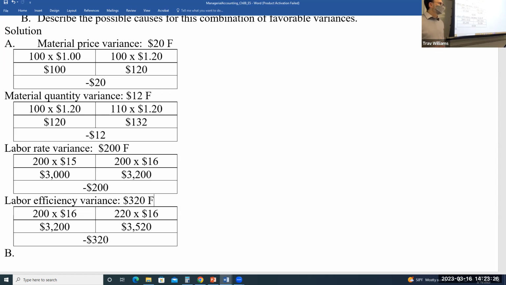But what about the standards? Yeah, well, if the standards were off, okay, that could be it too. That's a more likely answer. So let's go ahead and put both.